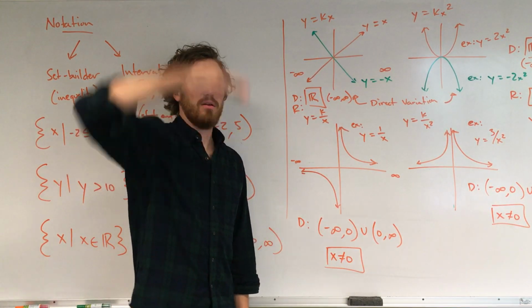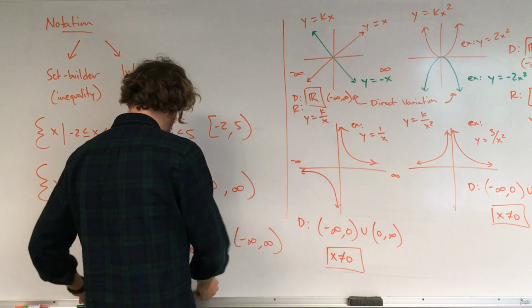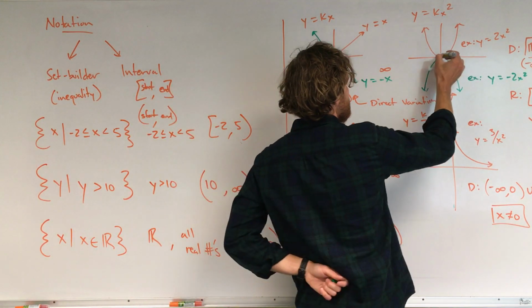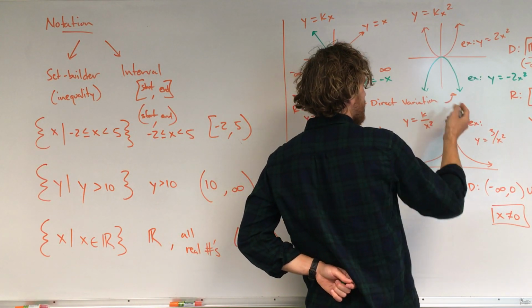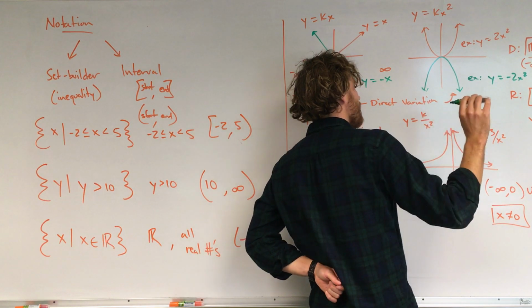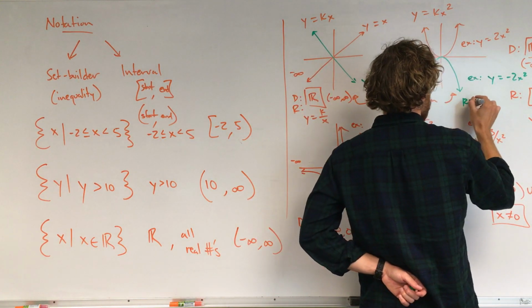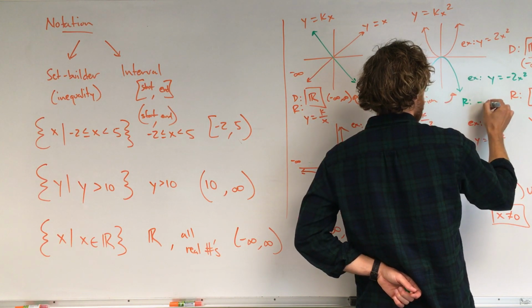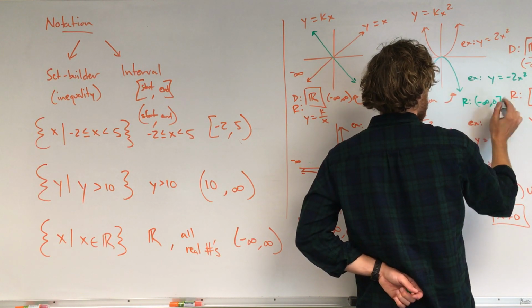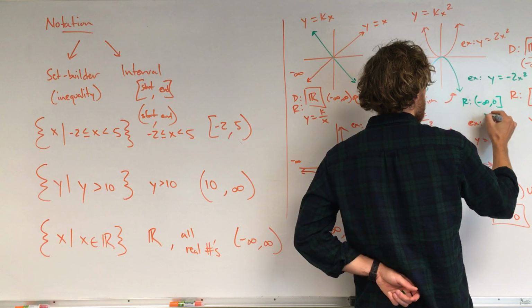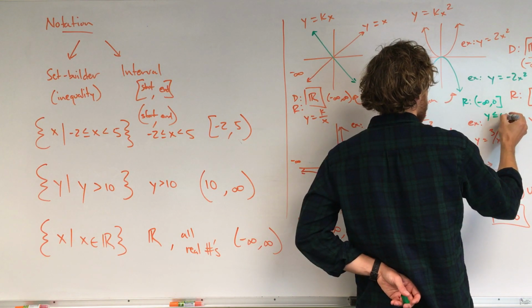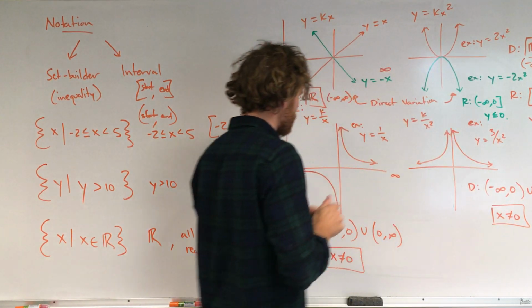So everything from 0 up. But for the green graph, it's 0 down to negative infinity. But we always start at the bottom, so we're going to say negative infinity up to 0. So the range for the green graph here would be negative infinity to 0 bracket. We want to include 0. Or we could say y is less than or equal to 0.